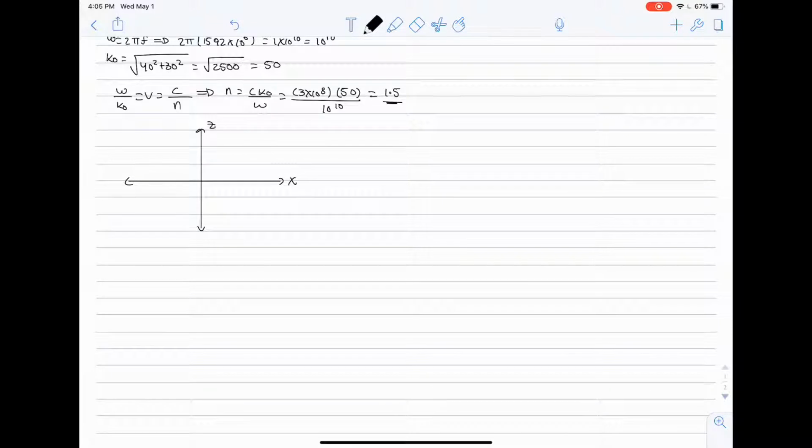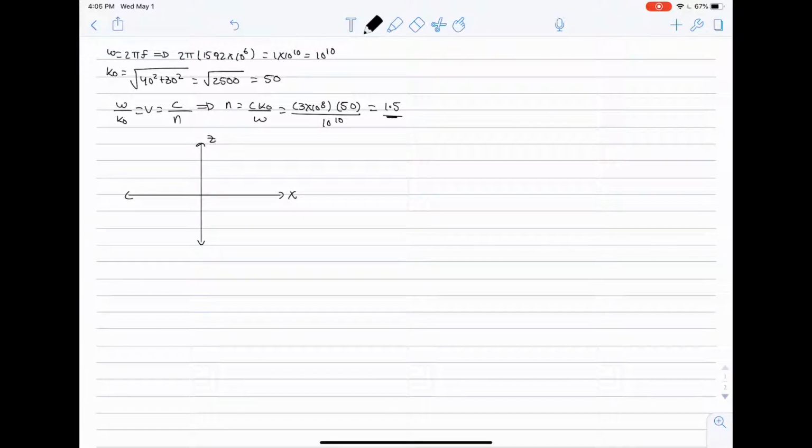And using the right-hand rule for axes, if we take our right thumb to be our x-axis, our index finger pointing up to be our y-axis, and our middle finger pointing towards us to be our z-axis, and we move our hand so that the z is pointing up, which is our middle finger, and x is still pointing to the right, we see that our index finger, our positive y-axis, is pointing into the board.